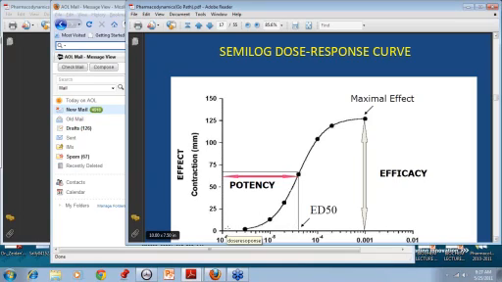Let's first see what we are talking about here. We're talking about drug receptor interactions, nothing complicated, exactly in a similar manner to enzyme substrate interaction. But we're not talking about a simple enzyme.